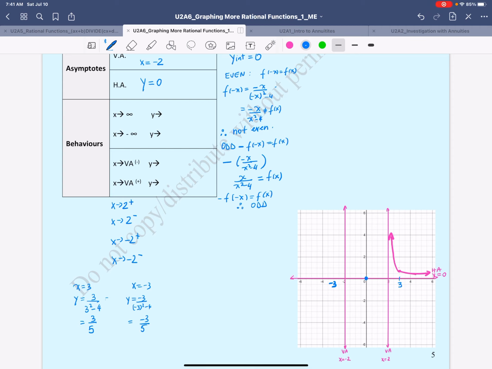So negative 3 over 5 will be right here. So this is negative 1, negative 3 over 5, somewhere here. And then we are going to just above 0.5. And we will think, okay, so if the graph is here, it has to follow the asymptote, so the curve must be going this way around.